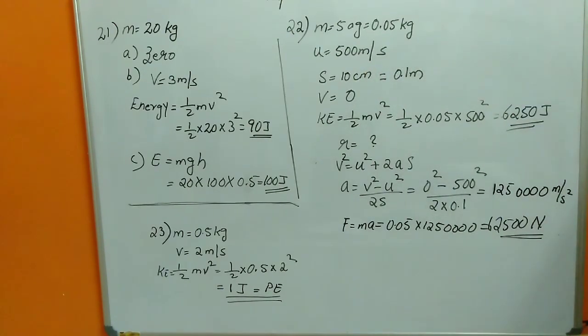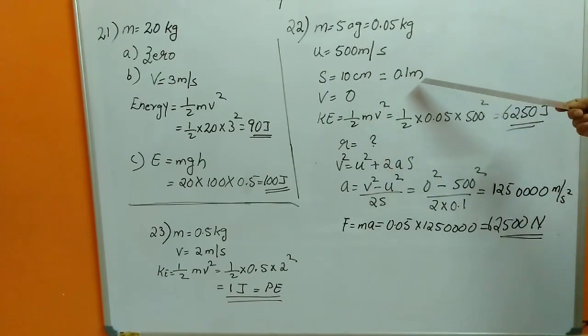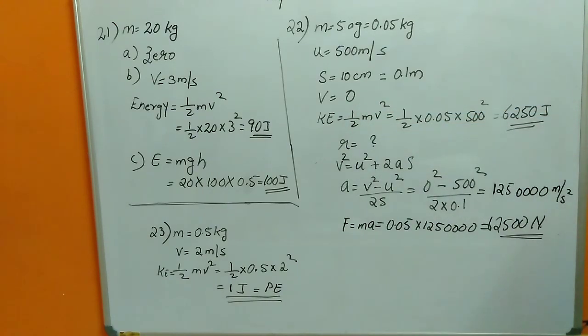Initial velocity is given, 500 meter per second. It penetrates 10 centimeter into a steel target. So when the bullet is fired, it will penetrate through the target. So the bullet moves a distance 10 centimeter, converting to SI unit 0.1 meter, and comes to rest. That means final velocity 0.